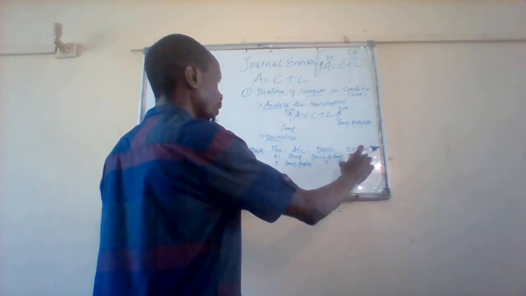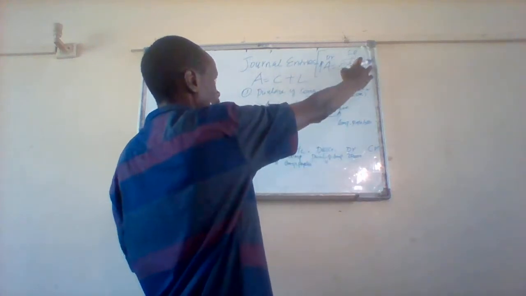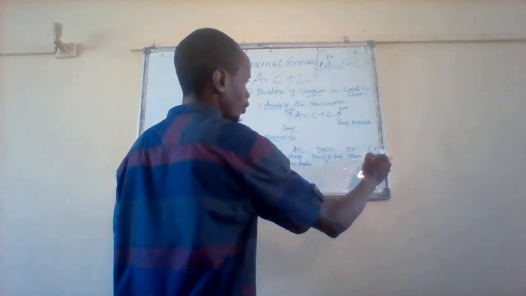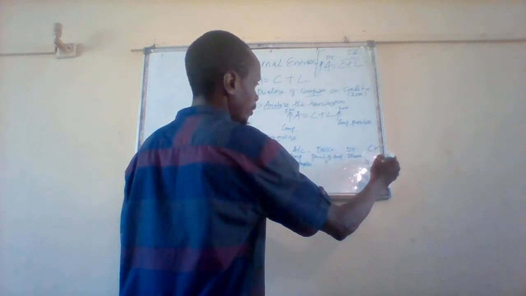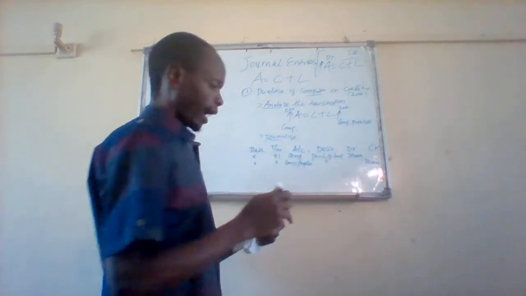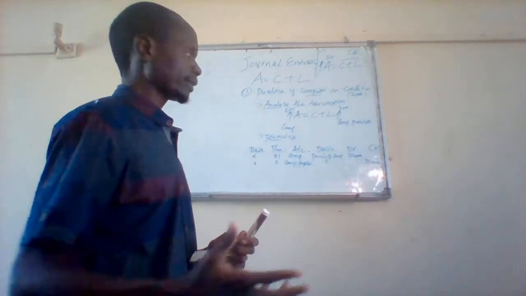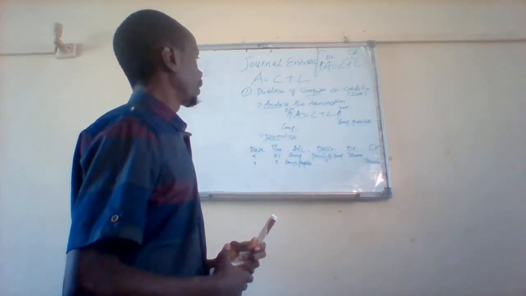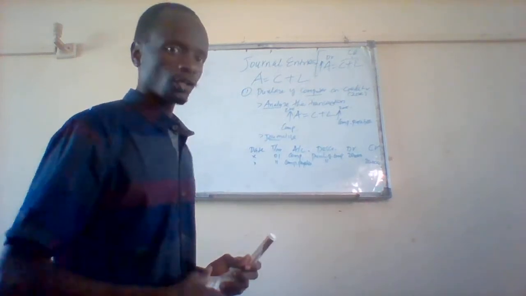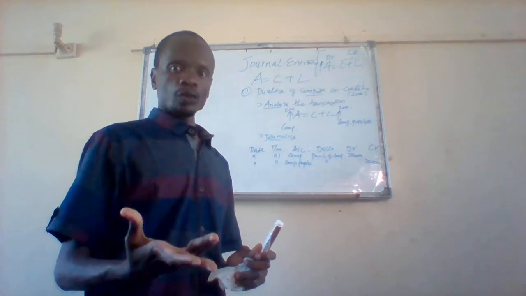What we do now is we credit computer payable because liability has gone up, so we credit computer payable by 20,000. And that is how we record this transaction.